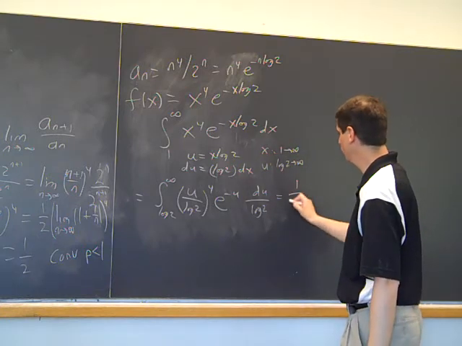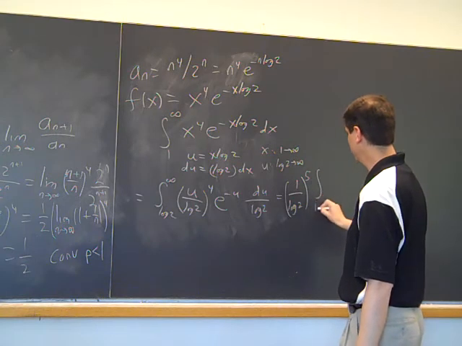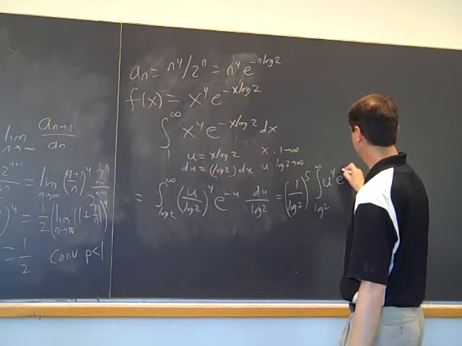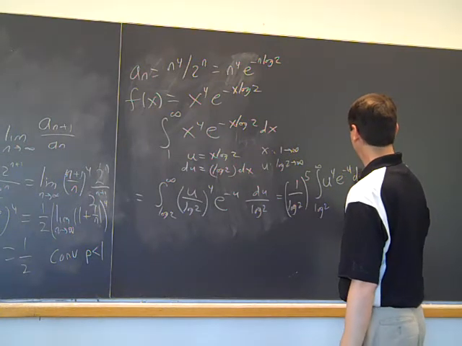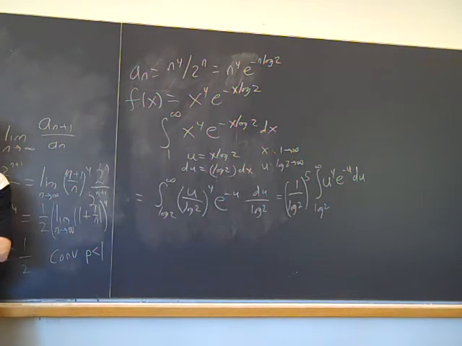So I'm going to get a 1 over log 2 to the fifth, integral from log 2 to infinity, u to the fourth, e to the minus u du. And I now just have to show that this integrates to a finite number. How can I do this?